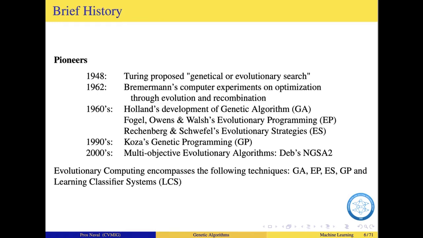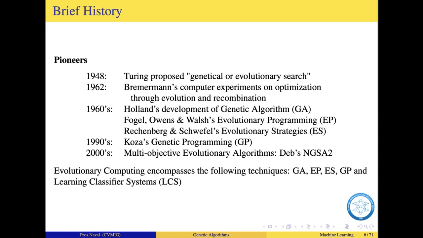Pioneers of evolutionary computation are the following. You have Turing in 1948. He, as early as then, proposed the so-called genetical or evolutionary search. Then in 1962, Bremermann's computer experiments on optimization through evolution and recombination were published. In the 1960s, the GA or genetic algorithm was developed by Holland.